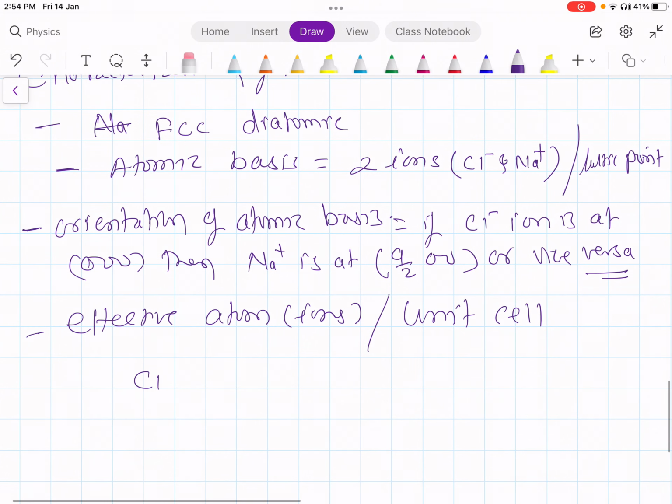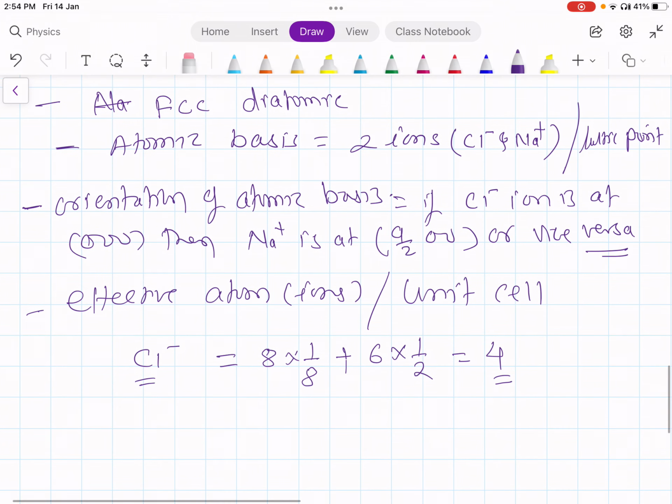So for chlorine ion, all FCC positions are occupied, which means there are 8 corners. Contribution of each corner is 1 by 8. So 8 into 1 by 8, plus there are 6 face center atoms. Contribution of each is half. So that is 4. So chlorine ions are 4 in the unit cell.